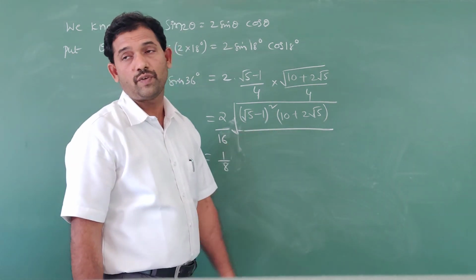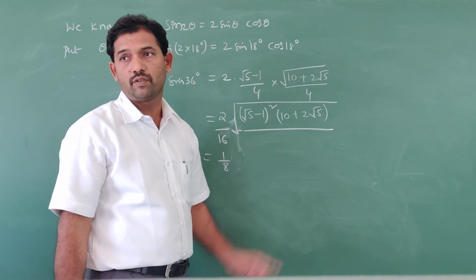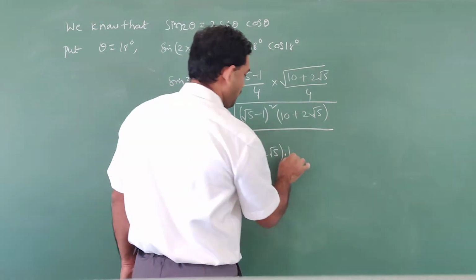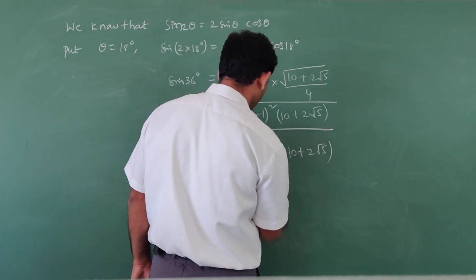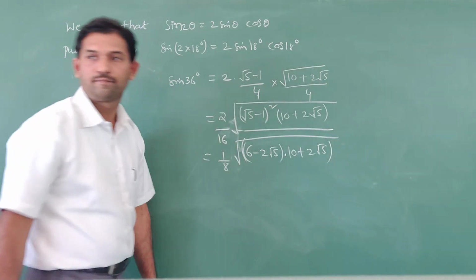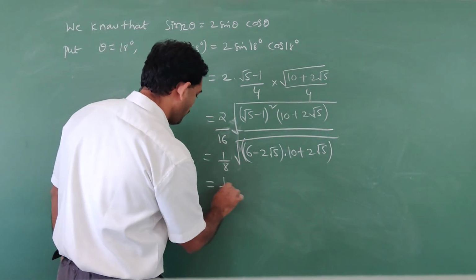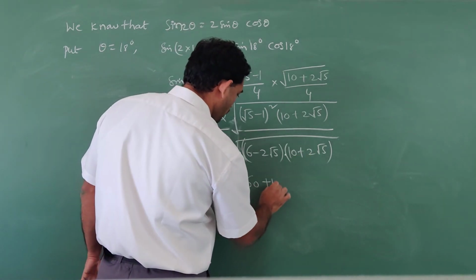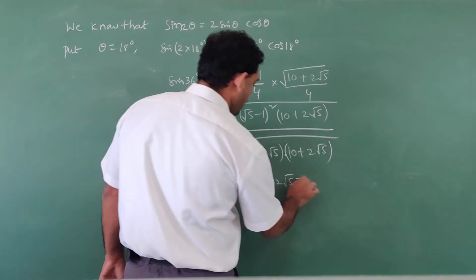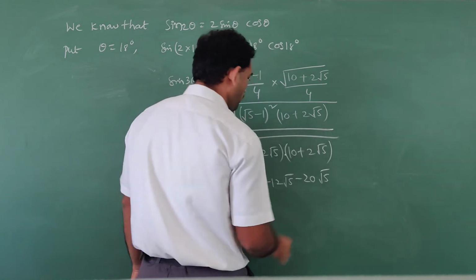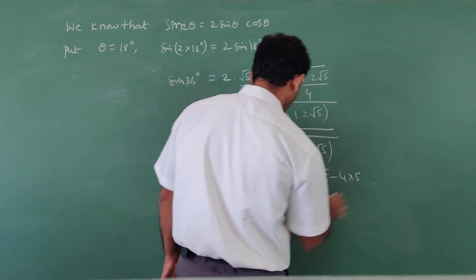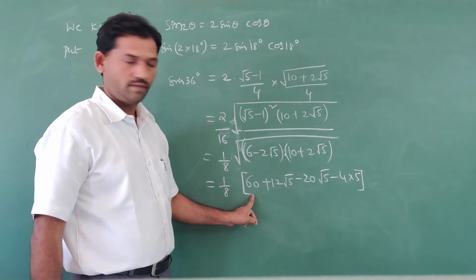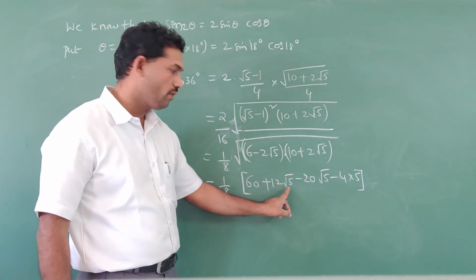What happens? Root 5 whole square 5, 1 square 1, 5 plus 1 is 6, 6 minus 2 root 5, into 10 plus 2 root 5. Understand? Again 1 by 8, these two multiplied: 6 into 10 is 60. 6 into 2 root 5 is 12 root 5.